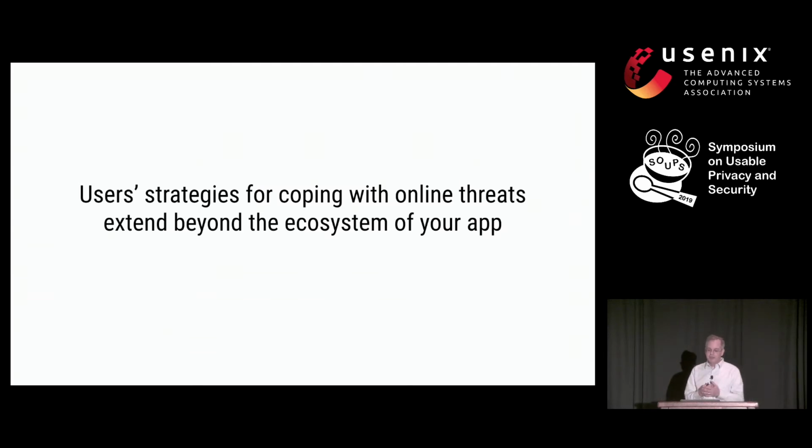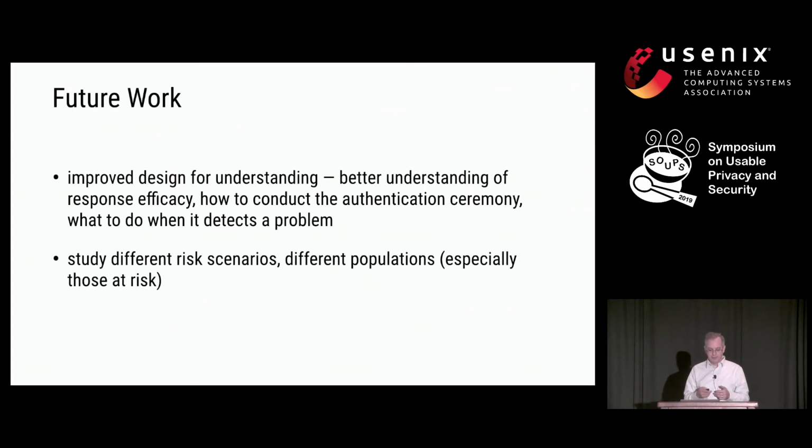And it turns out that user strategies for coping with online threats extend beyond the ecosystem of your app. So when we're giving people advice, we need to focus not just on what should they do with this app to be safer, but what could they do in the broader sense if they're not using my app. Okay. So our future work is to look at better design for understanding, especially looking at better response efficacy.